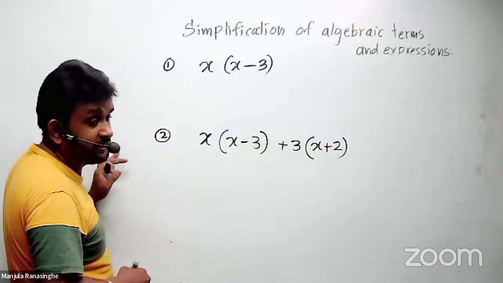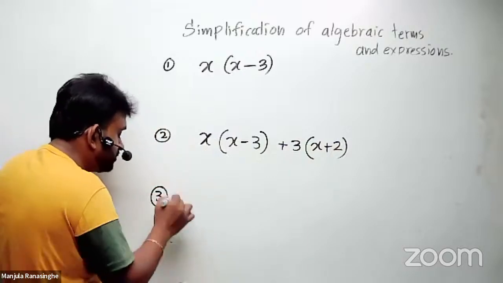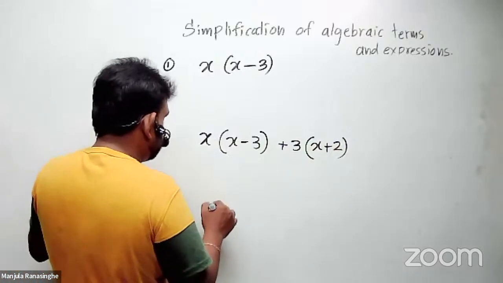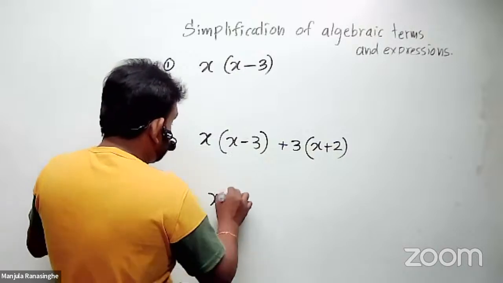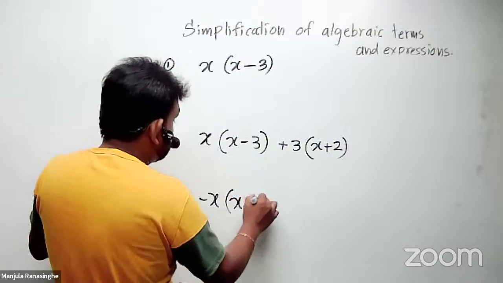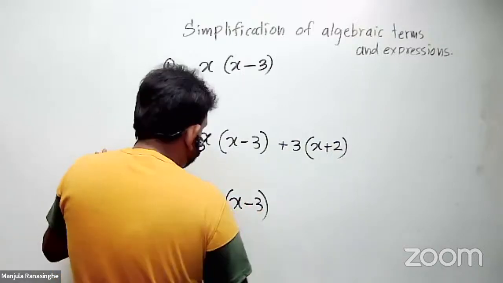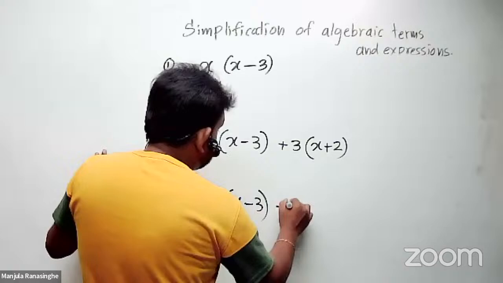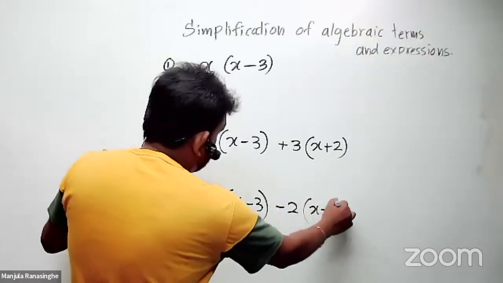Then second example: x into (x minus 3) plus negative 2 into (x minus 1). How to simplify this type of expression?